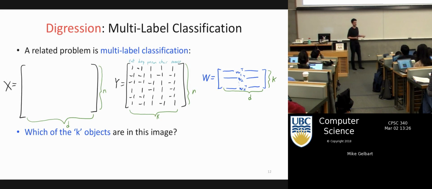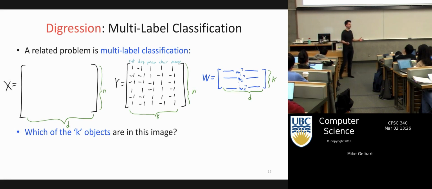I had said before that you might get +1 for dog and +1 for cat. There are machine learning problems where you want to do that. You might be classifying an image and you just want to know what's in it. Is there a person? Is there a cat? Is there a dog? There could be more than one thing in an image.